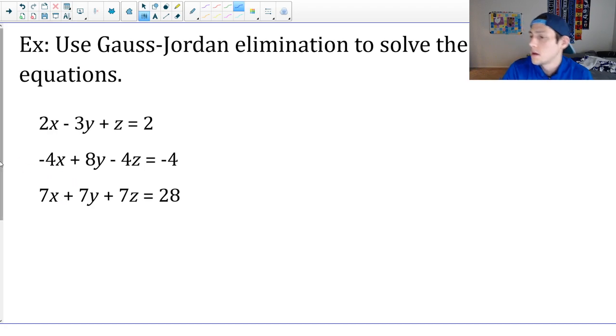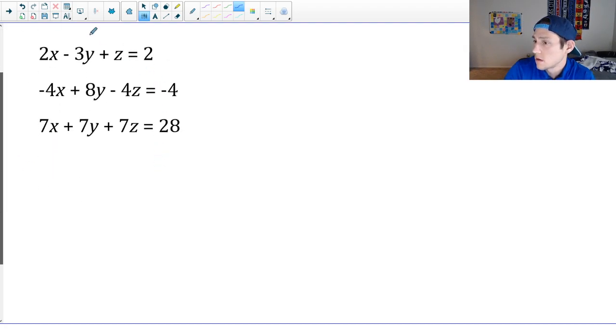Okay. So our first step in solving this is just to turn this system into an augmented matrix.